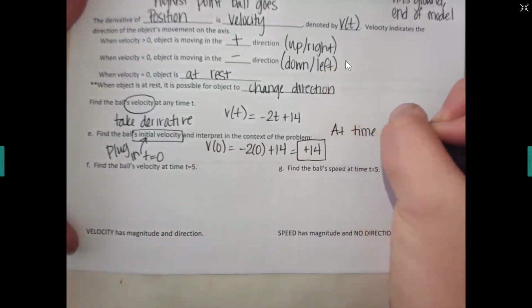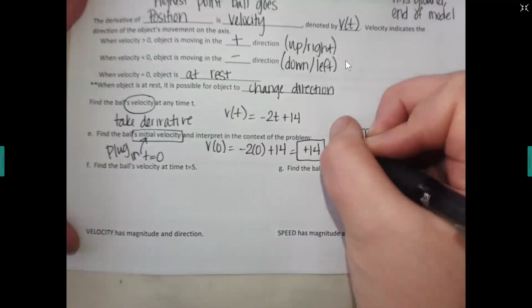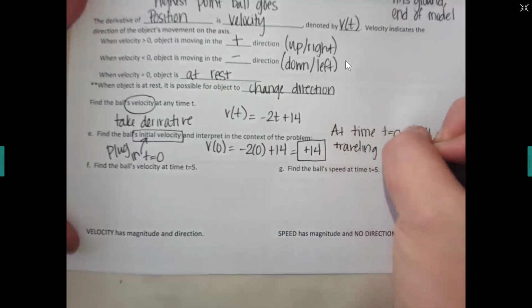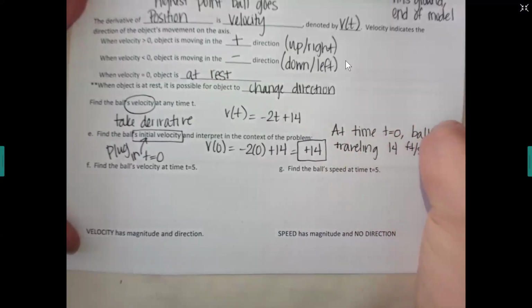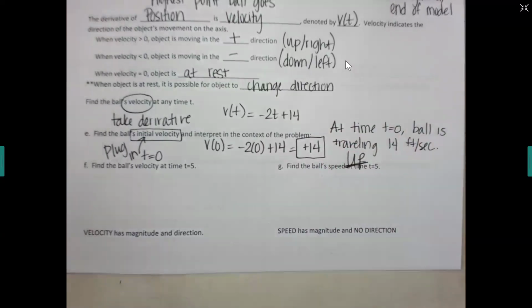At time t equals 0, the ball is traveling 14 feet per second up. Okay, at time 0, the ball would have been going 14 feet per second in the up direction. Okay, which makes sense because the ball was thrown up with that initial velocity.